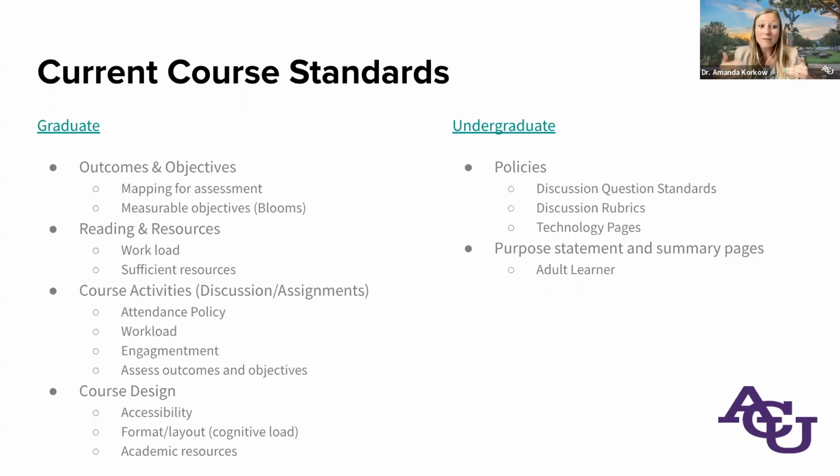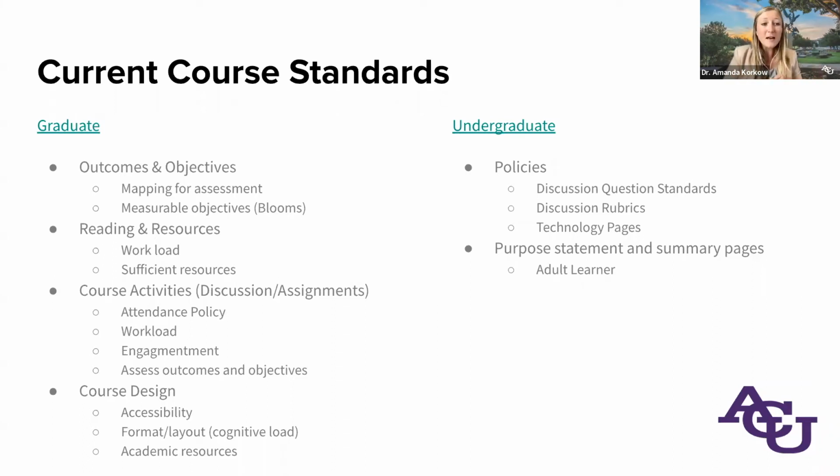So we have a standard discussion question page. We allow some modification to that, but we have some strict guidelines around due dates, right? When those can occur, how those work so that a student has a consistent experience. We also have some standardized rubrics. Again, we allow some modification, but we do want to make sure students get credit for an initial post and a reply.